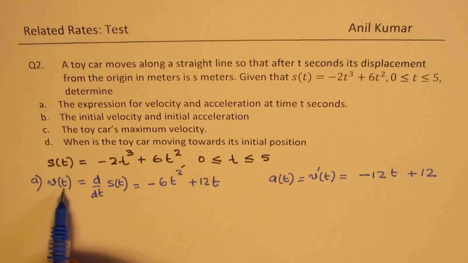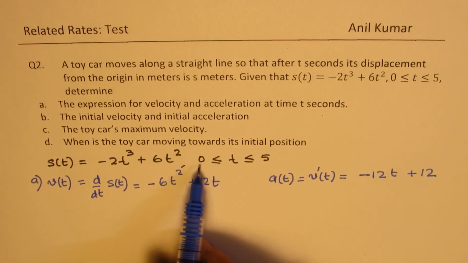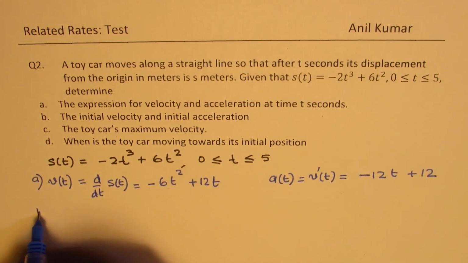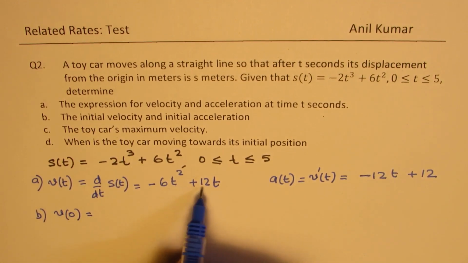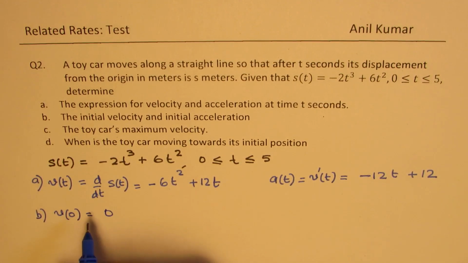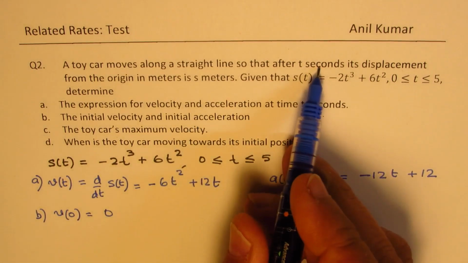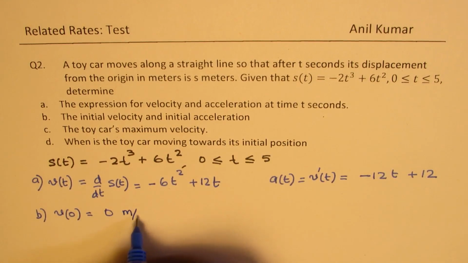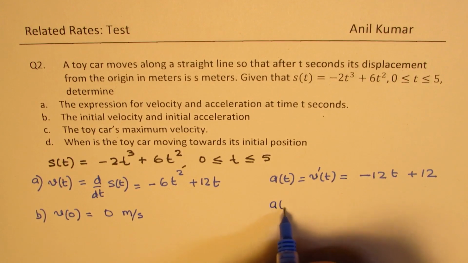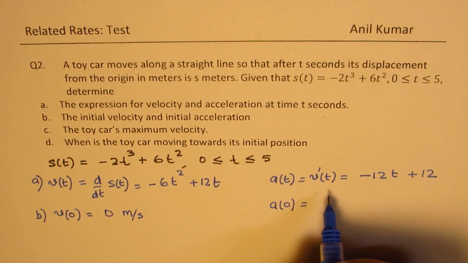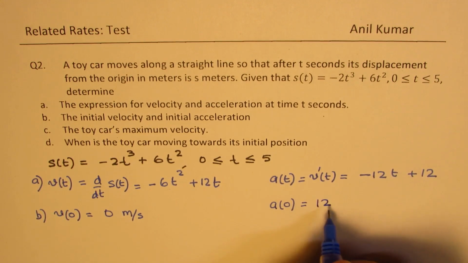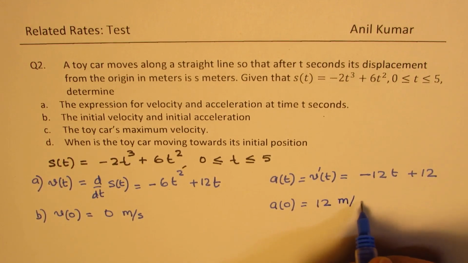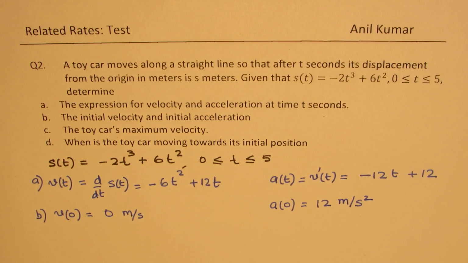When we say initial, that means time is 0, so it's just the starting point. For initial velocity v0, substituting 0 here, we get 0 meters per second. For initial acceleration, when I substitute 0 here, we get 12 meters per second square.